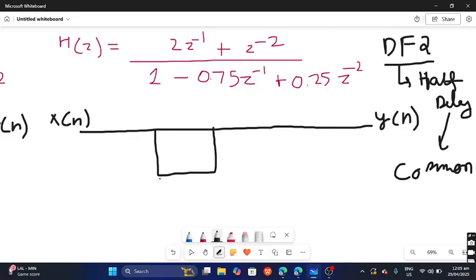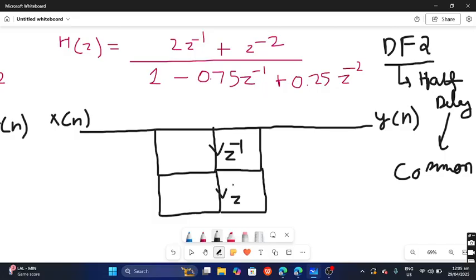The delay gets common between the two, and we make the poles with the denominator associated with it first. So your first delay and then second delay.